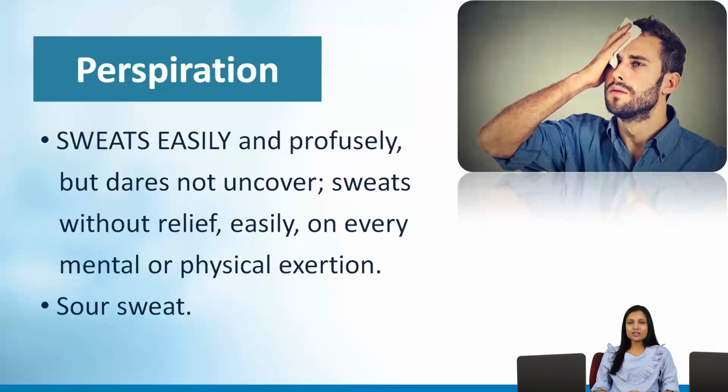He is very, very chilly in spite of the perspiration. So you will see a Hepar person sweating a lot out of every pore of his body but will not uncover, will not take off his blanket because he is an extremely chilly person.